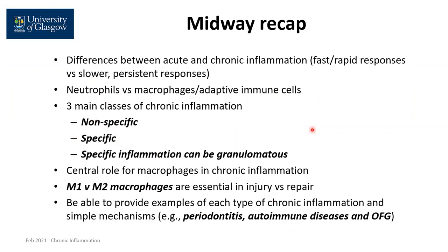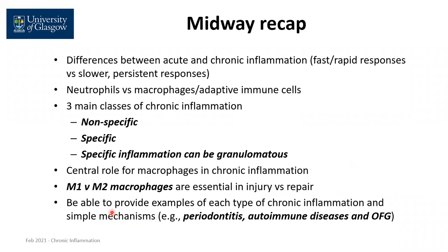There are three main classes of chronic inflammation: non-specific and specific, either involving the formation of granulomas or without the formation of granulomas. There's an essential role for macrophages, particularly this idea of the balance between M1 and M2 macrophages. And this balance is important and essential within the idea of tissue injury versus tissue repair. This is something we'll cover in the next session.